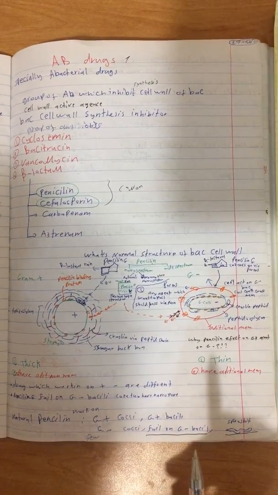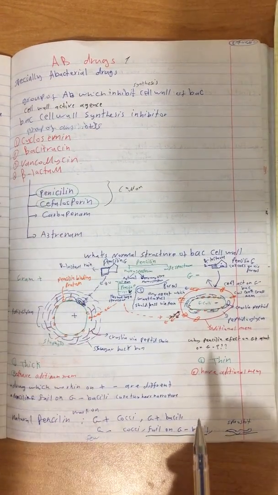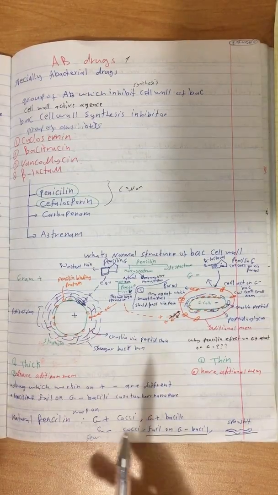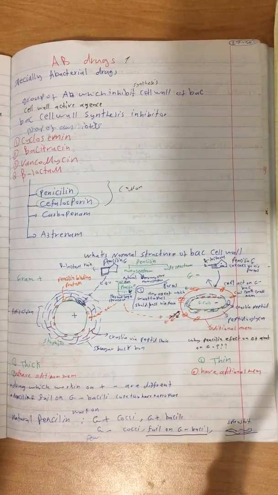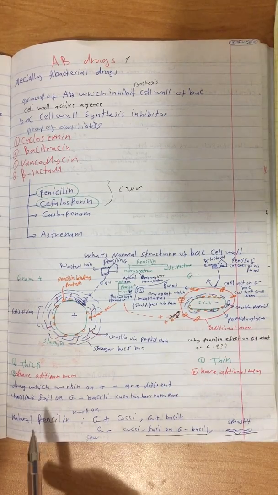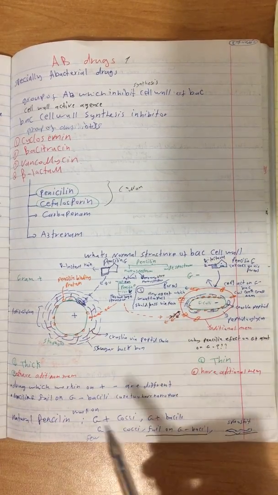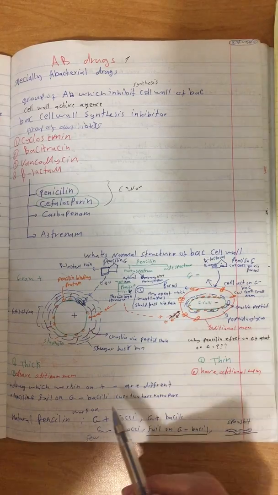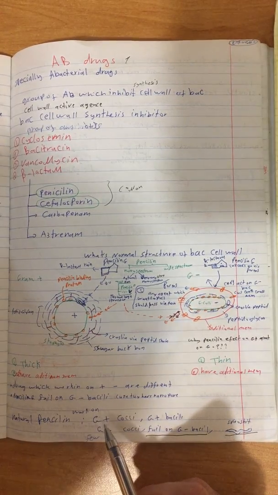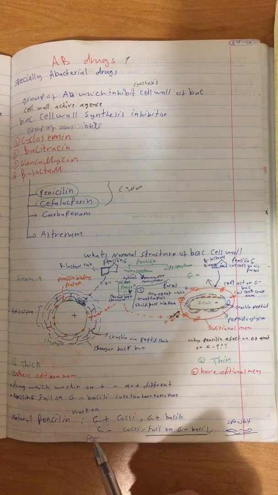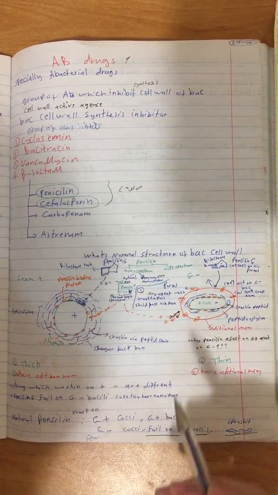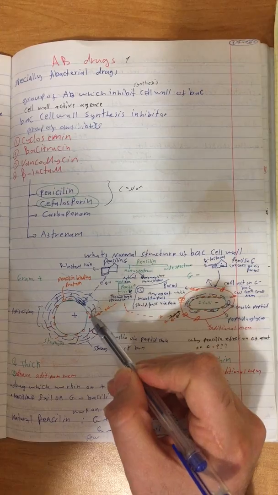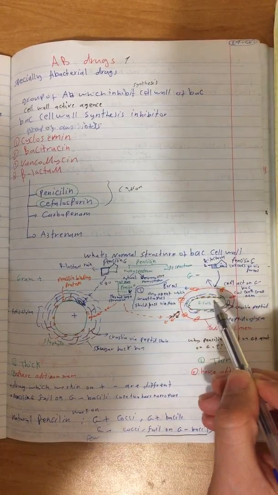Those drugs, as I said, work differently on gram positive and gram negative bacteria. Penicillin G, as I said, fails on gram negative bacilli. Why do they fail? Because they have a narrow pore. Here we have a wide pore, but here a very, very narrow pore.